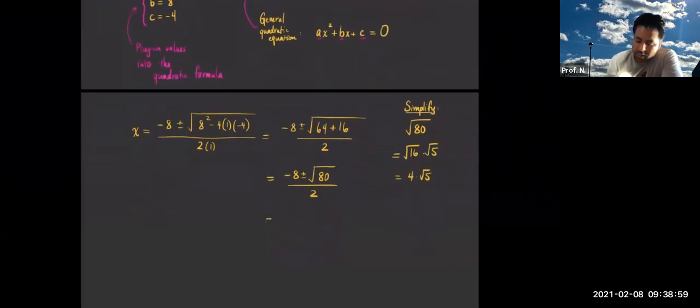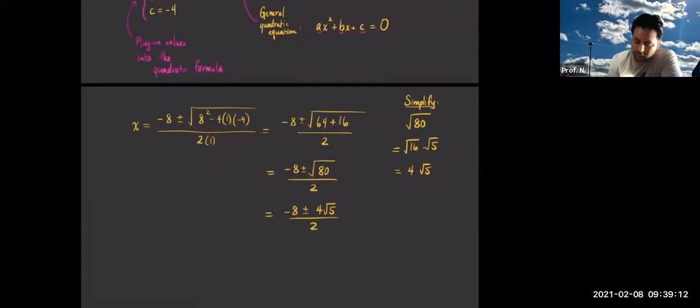So then I can replace this with -8 plus or minus 4 square root of 5 divided by 2. And what's nice is that both 8 and 4 are divisible by 2. So I can simplify this by taking -8 divided by 2, and I can split up the fraction 4 rad 5 over 2. Then I can cancel the 2 and the 8, this becomes a 4.